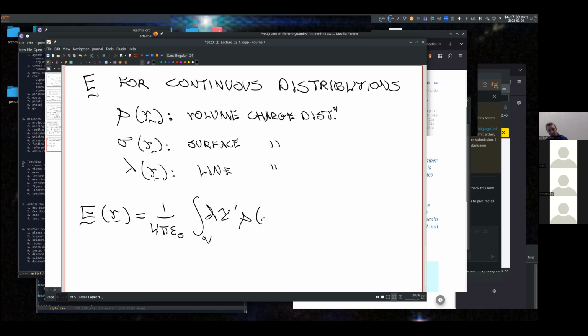Rho at R prime. And then simply the R minus R prime divided by R minus R prime cubed. Okay, that's equation E, volume charge distribution in the notes. Okay, and this one has a light green box on it.